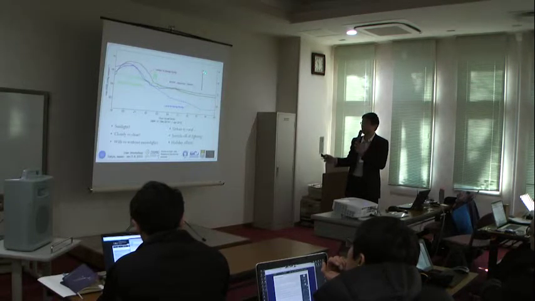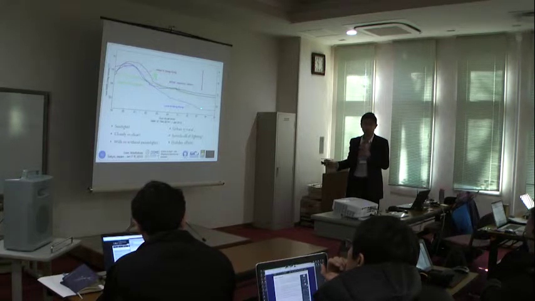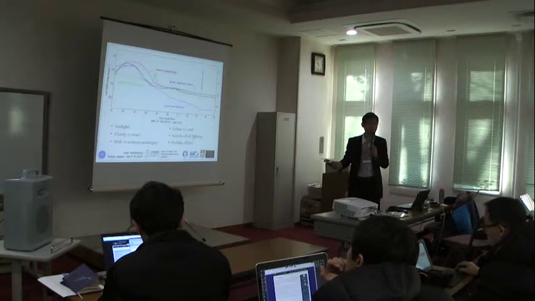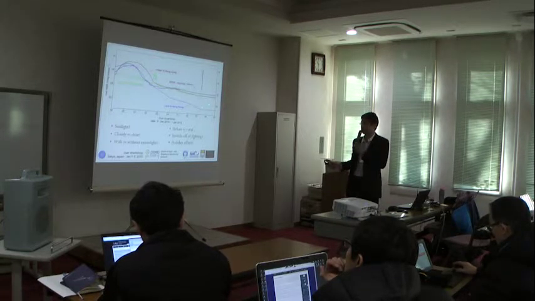Because after this time, the moon has gone. The moon set time is around here for all locations. So this part of the light curve was not affected by the moon.